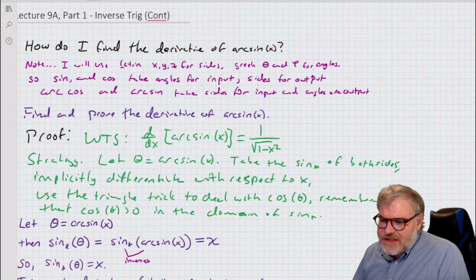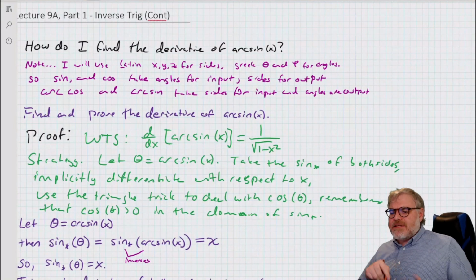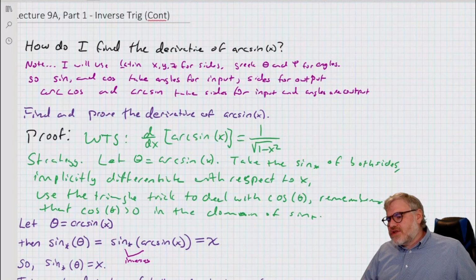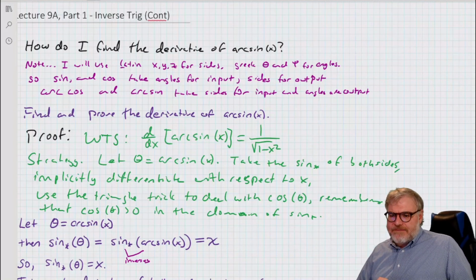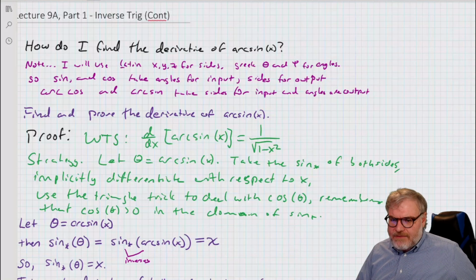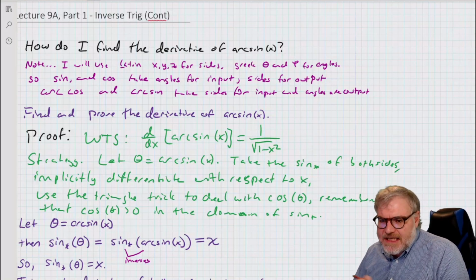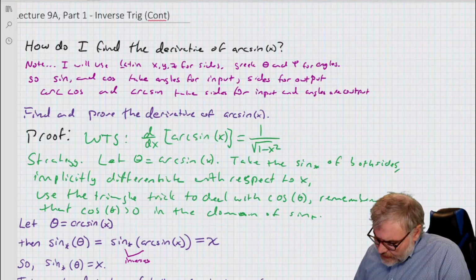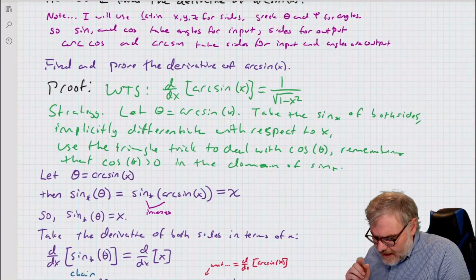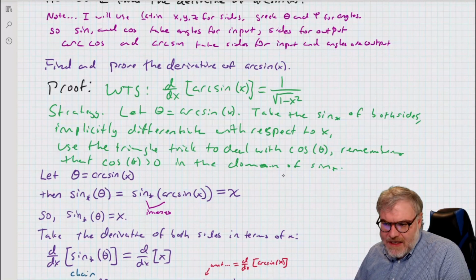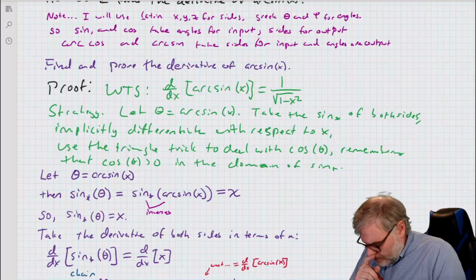I'm just going to take the sine star of both sides. Then I'm going to implicitly differentiate with respect to x. So it's sort of like logarithmic differentiation, or sort of like those power rule proofs, or the log proofs, right? We want to do something to both sides and then differentiate. And then I'm going to use this triangle trick to deal with cosine, and I'll give you that in just a minute. And I'm going to remember that cosine of theta is greater than 0 for the domain of sine star. That's going to be important.